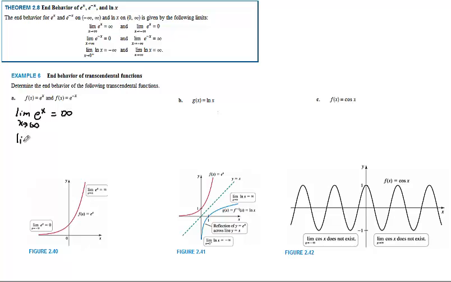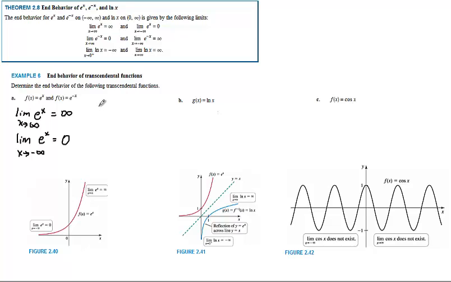The limit as x goes to negative infinity of e to the x: as x goes closer and closer to negative infinity, this thing is getting closer and closer to the x-axis. In other words, it's going to y equals 0.